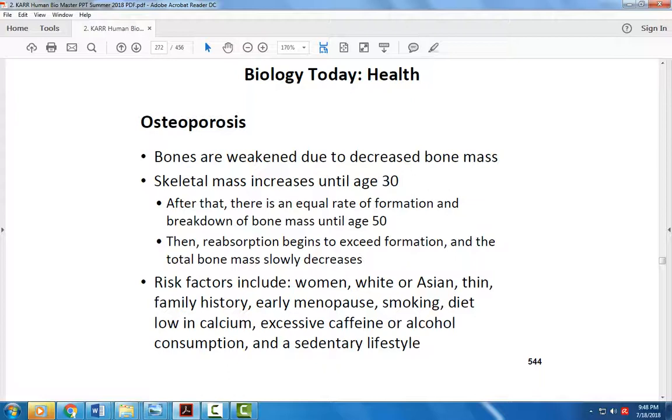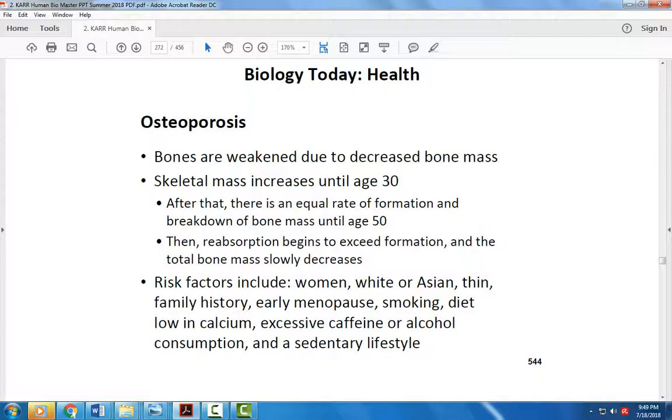And if they don't get enough calcium and they have a diet with drinking a lot of coffee or alcohol, in addition to smoking, those are all things that break down bone and increase the risk for fractures and early death.